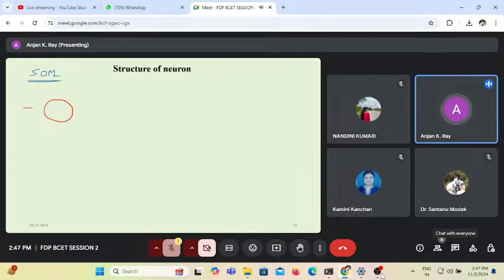Let's say it has two inputs, and it means that inside it has two associated weights, x1 and x2. But the way this neuron behaves is totally different from our conventional neurons.